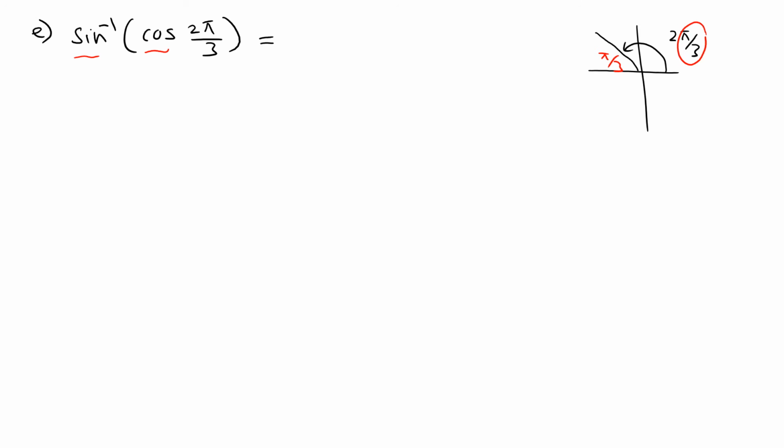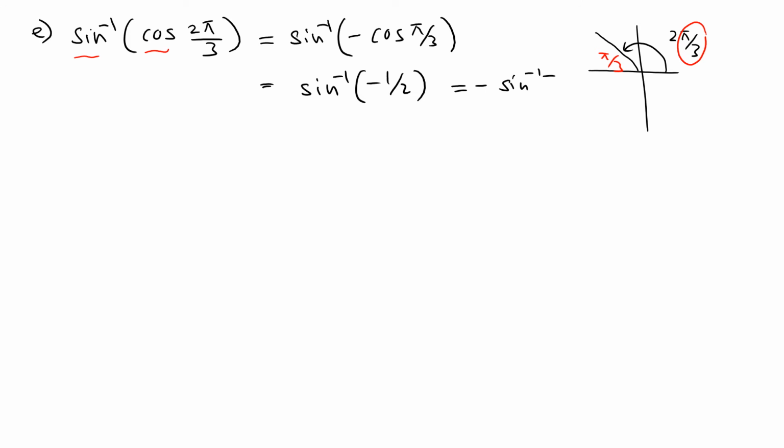So we have sine inverse of cosine 2 pi over 3, which is equal to negative cosine of the reference angle. From the table, cosine pi over 3 is 1/2, so this is simply sine inverse negative 1/2. Sine inverse is an odd function, so if you pull the negative out, you get negative sine inverse 1/2. Sine inverse 1/2 is pi over 6, not pi over 3.